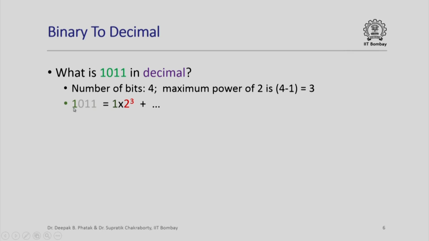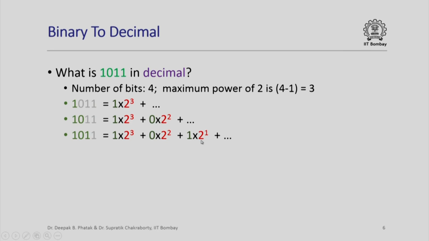We take this number, start with the bits and keep multiplying them by the appropriate powers of 2. So this is 1 multiplied by 2 raised to 3 plus 0 multiplied by 2 raised to 2 plus another 1 multiplied by 2 raised to 1 and the final 1 multiplied by 2 raised to 0, and that gives us the number 11.